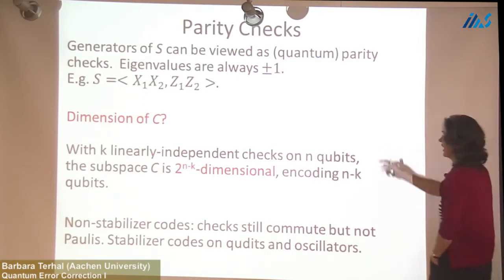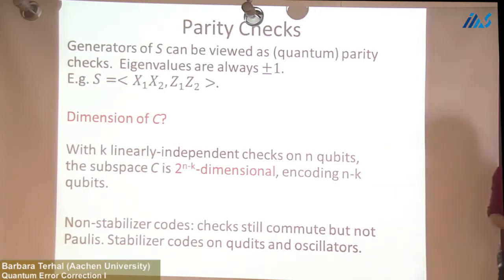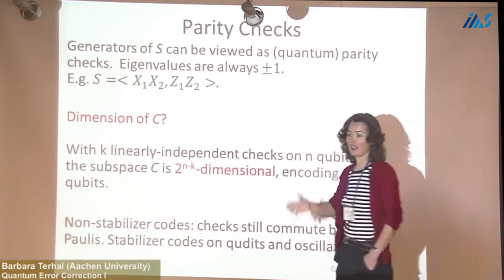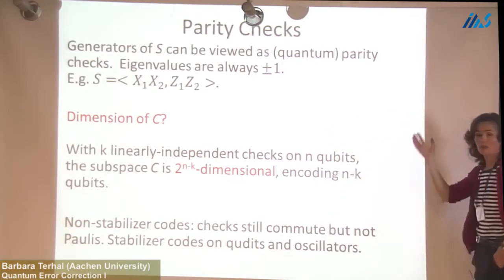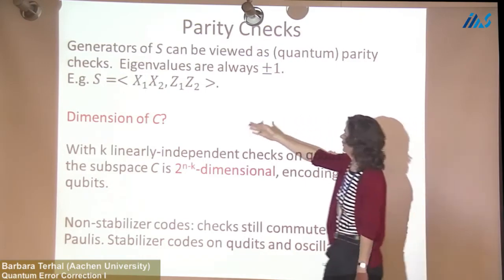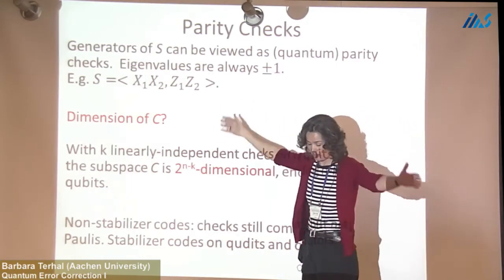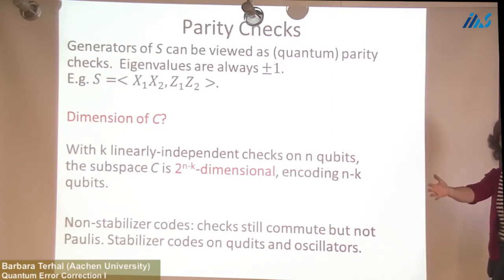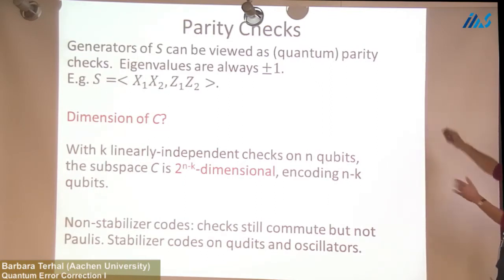Now, the way to understand this is very simple. If you look at one of these elements, I said they always have eigenvalue +1 or -1. So if I have a check on n qubits space, half of that space, the vectors will have +1 eigenvalue, half of them have -1 eigenvalue.